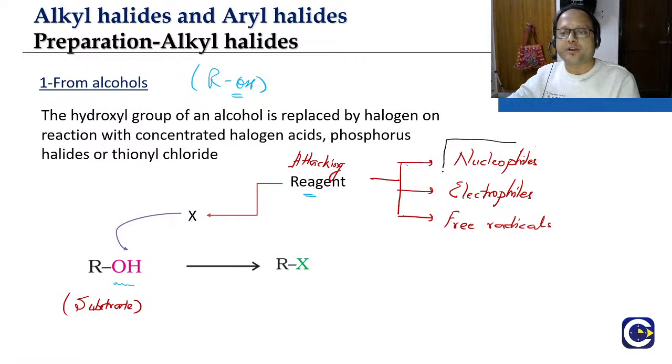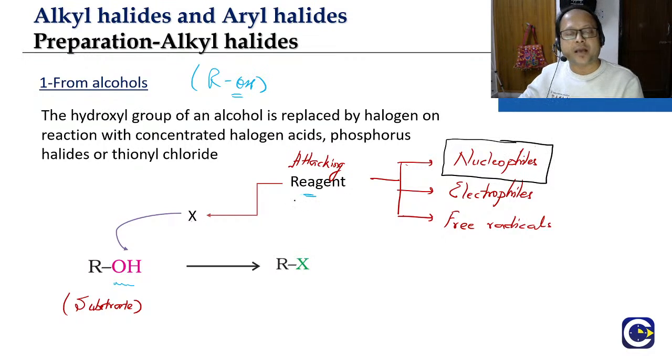So right now we are going to focus on this type of attacking reagents. These are all halogenating attacking reagents, and mainly we are going to deal with your halogen acids, phosphorus halides, both trihalides and pentachloride actually, and thionyl chloride, right?